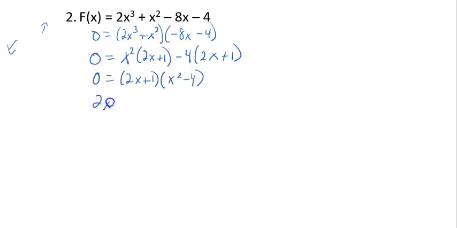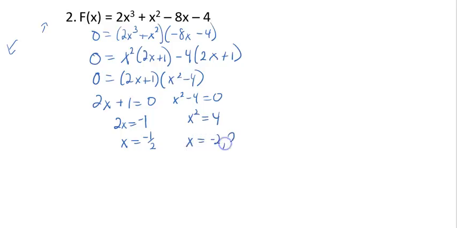So I can set 2x plus 1 equal to 0 and x squared minus 4 equal to 0. Here I'm going to subtract 1 and divide by 2. Over here I can either factor into x minus 2 and x plus 2, or I can use the square root method and remember to do both positive and negative answers. And so x will be -2 and +2, either way you do it.